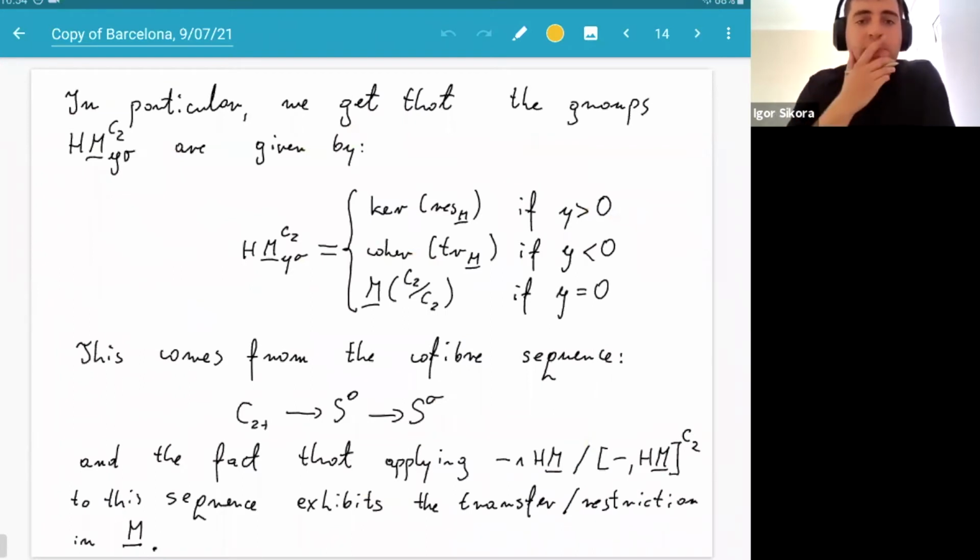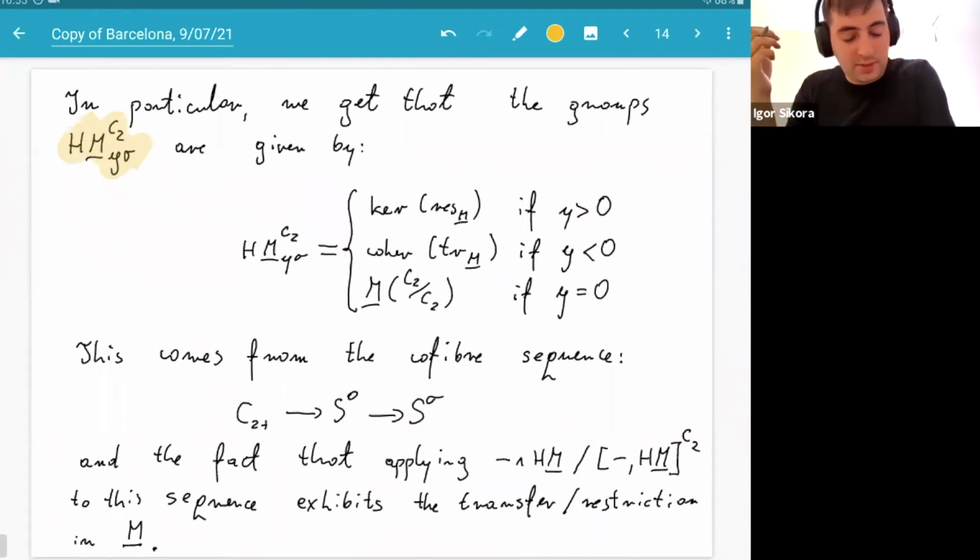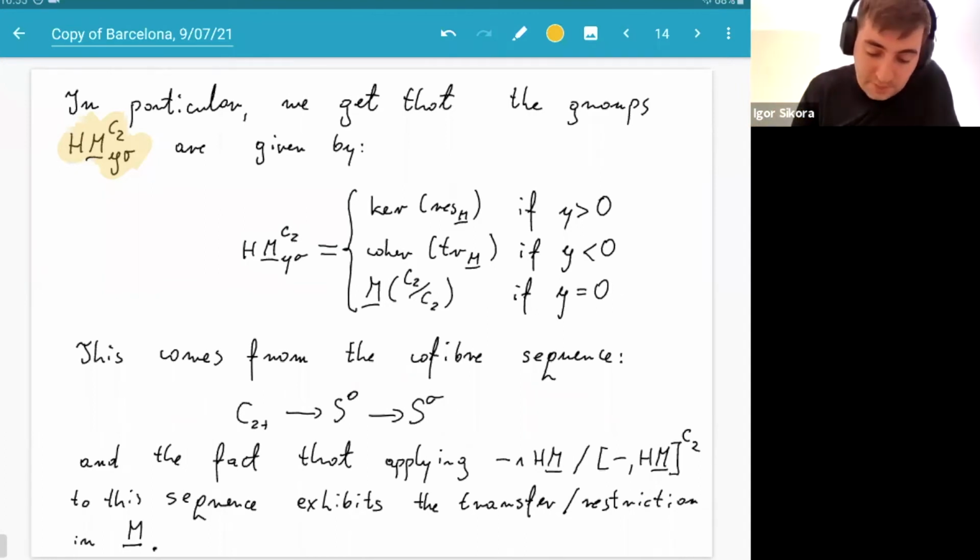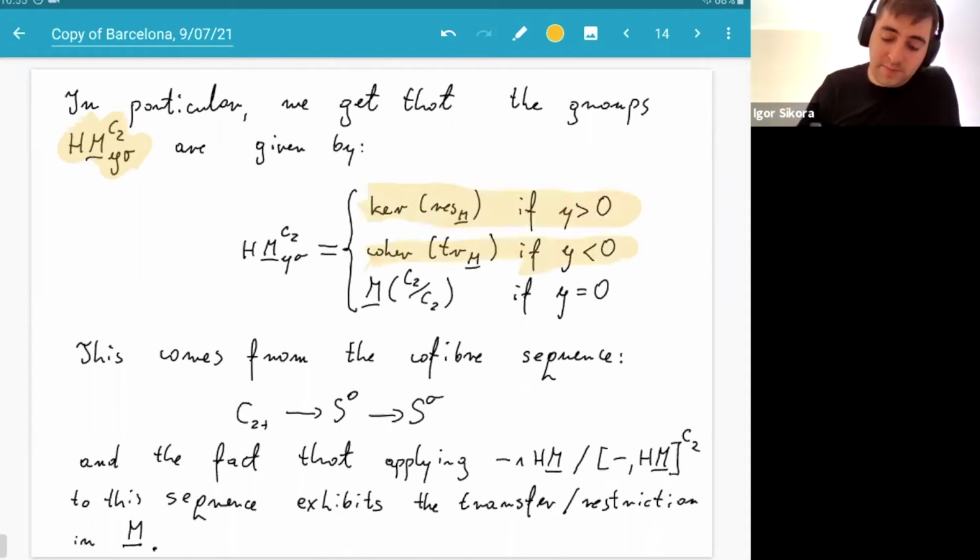So in particular, using this multiplication, we get that the entries at the multiples of the sign representation are given by the kernel of the restriction in our Mackey functor if we are above 0, the cokernel of the transfer if we are below 0, and the C2 level of our Mackey functor if we are at 0.